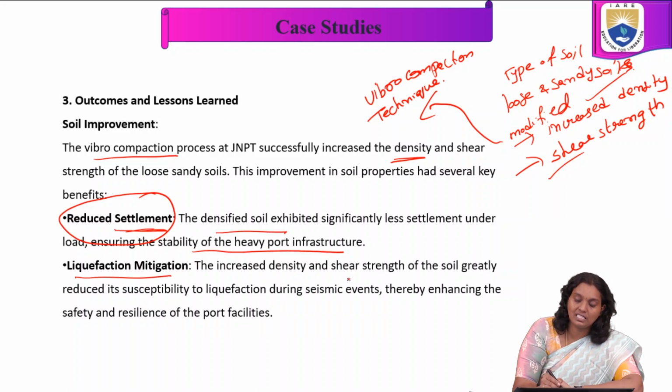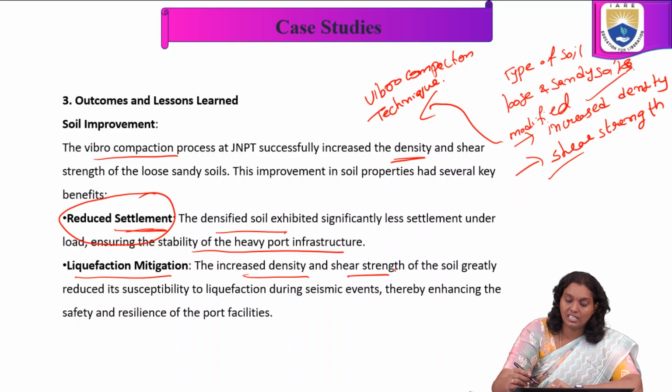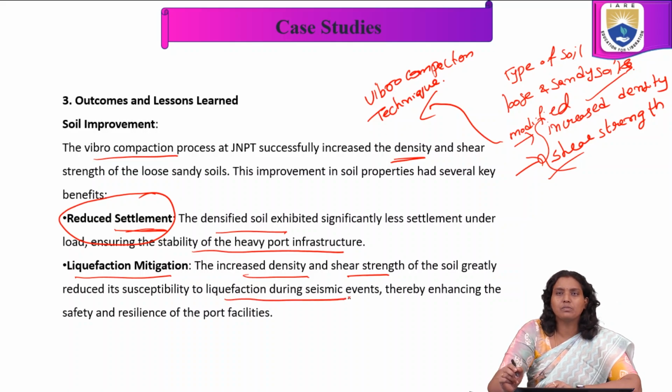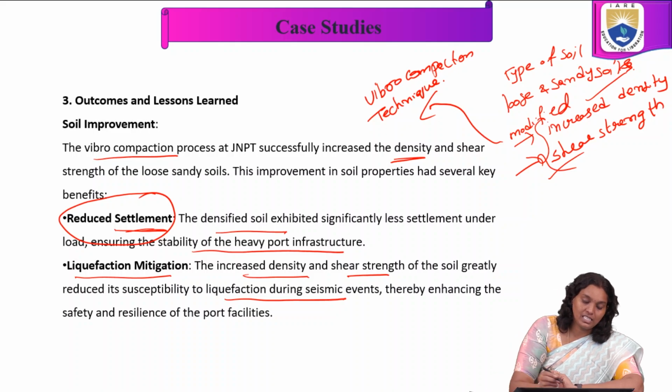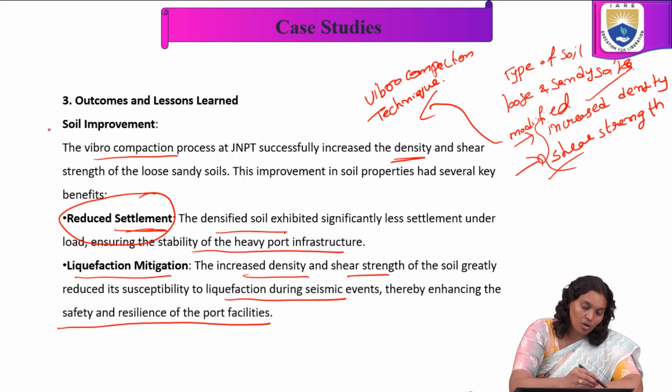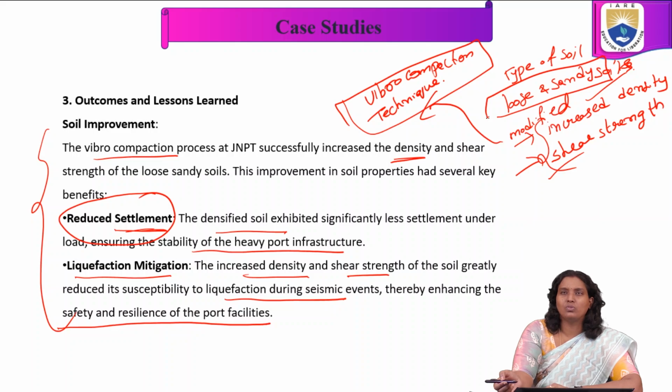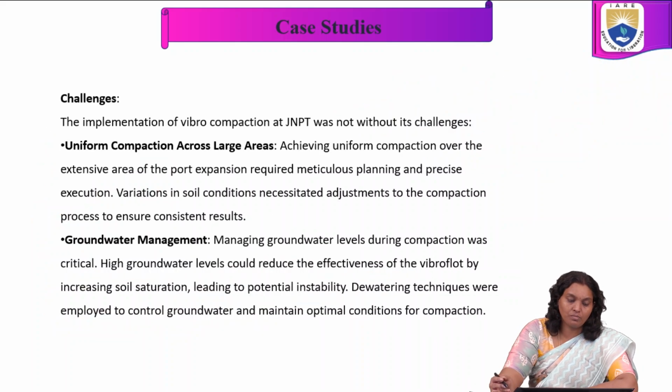Because of the increased density and shear strength of the soil, susceptibility to liquefaction during seismic events is greatly reduced, thereby enhancing the safety and resilience of the port facilities. These are the outcomes we understand using this technique for loose and sandy soils.